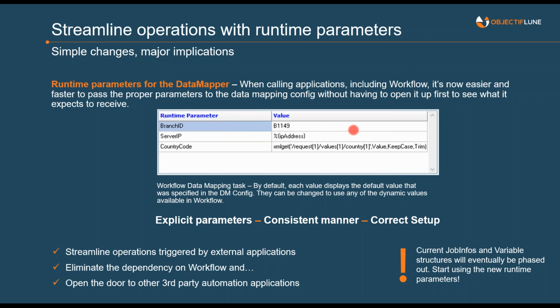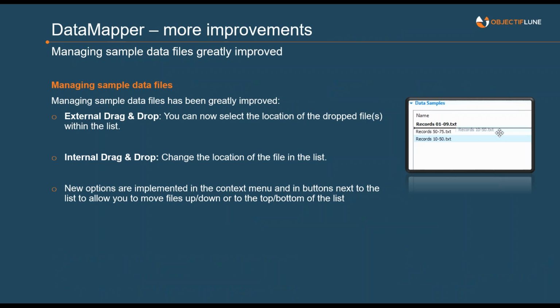So this allows integration with third-party software. This is because the variables can be directly managed by RESTful API, for example, without needing to be a variable inside the workflow. Okay, and so this eliminates the dependence on the workflow. It opens the door to other third-party automation applications. That's the main point of this feature.